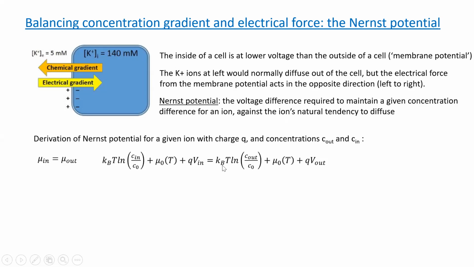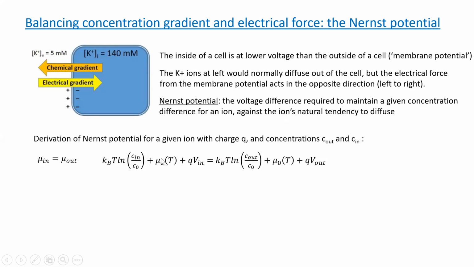And similarly, on the outside, we have the same terms: the chemical potential of a dilute solution, plus the electrical potential energy due to the ion being present in an electrical potential outside the cell.